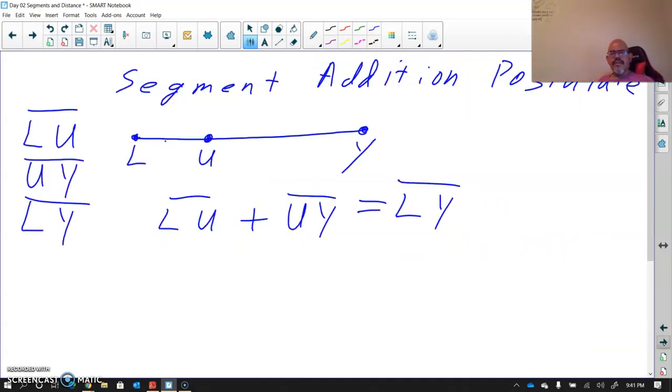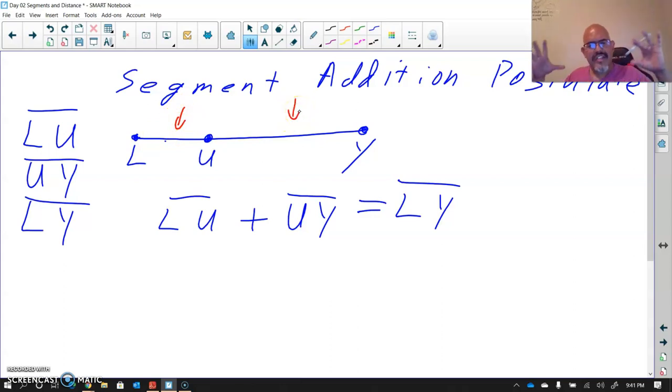Then we have something called the segment addition postulate. When we're told that point U is between L and Y, we draw this kind of figure. We have LY, that's the segment itself, with a point U somewhere in the middle. So now we have a segment called LU. We also have a segment called UY.